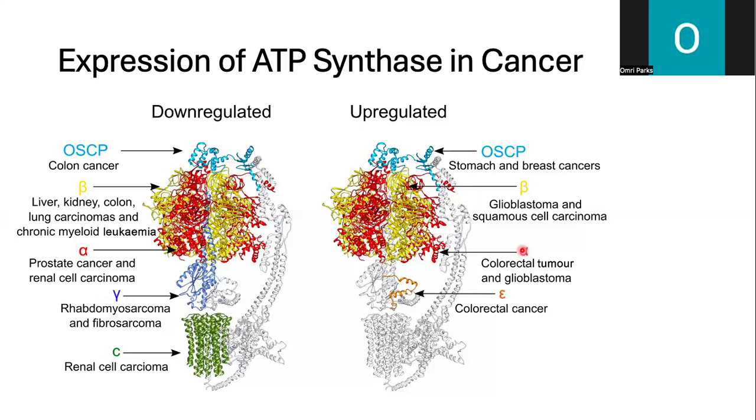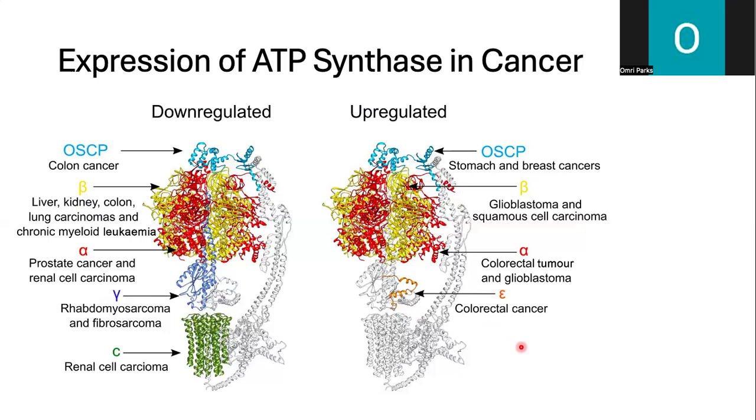So the regulation of ATP synthase expression and its activity emerges as one of the most important factors in cancer biology and therapeutic strategies. The figure we're seeing here basically shows the impacts of expression on metabolic programming in cancer cells.